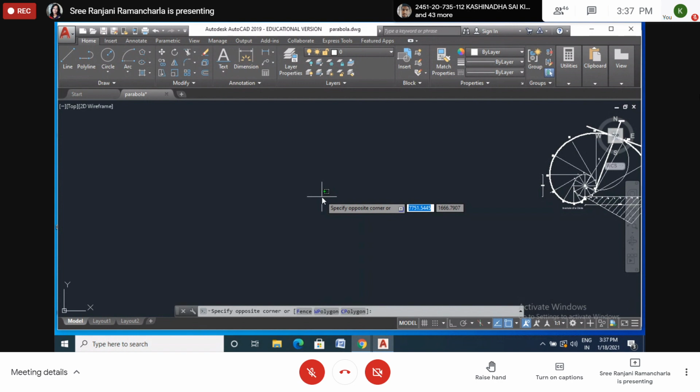Second one, diagonal scales. Third one, comparative scales. COMPARATIVE. Fourth one, vernier scale. VERNIER, vernier scale.